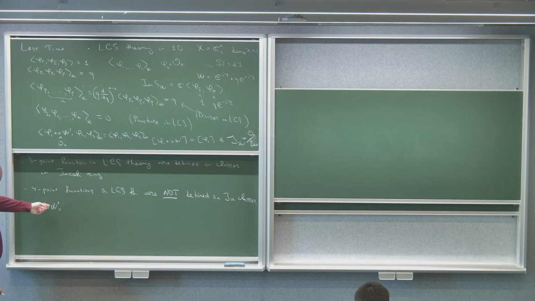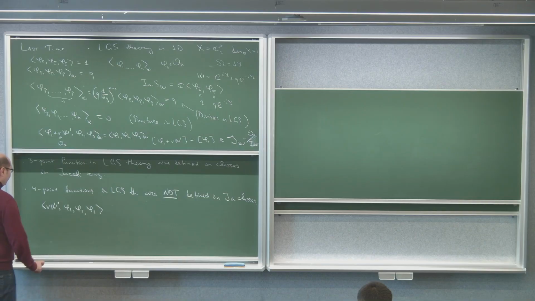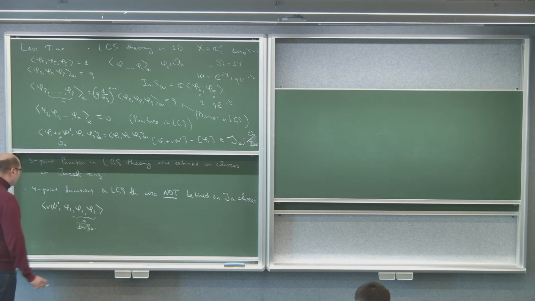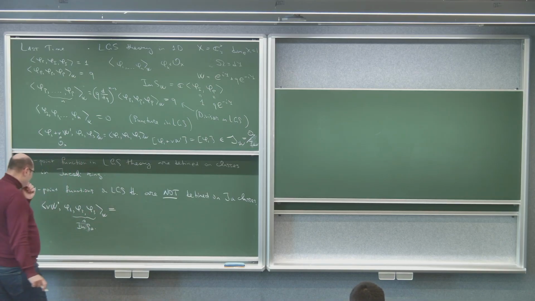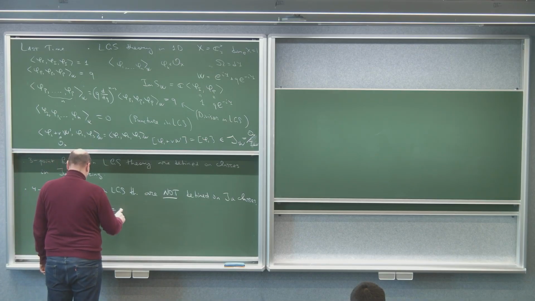We took the zero holomorphic function and added to it v times W prime, and we took phi1, phi2, phi3, which were elements from the image of the section. We computed the 4-point function, and we managed to simplify this expression to the following expression.